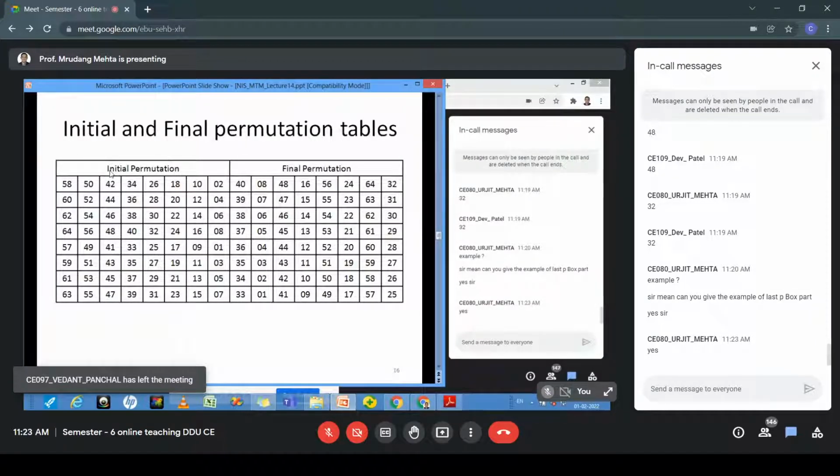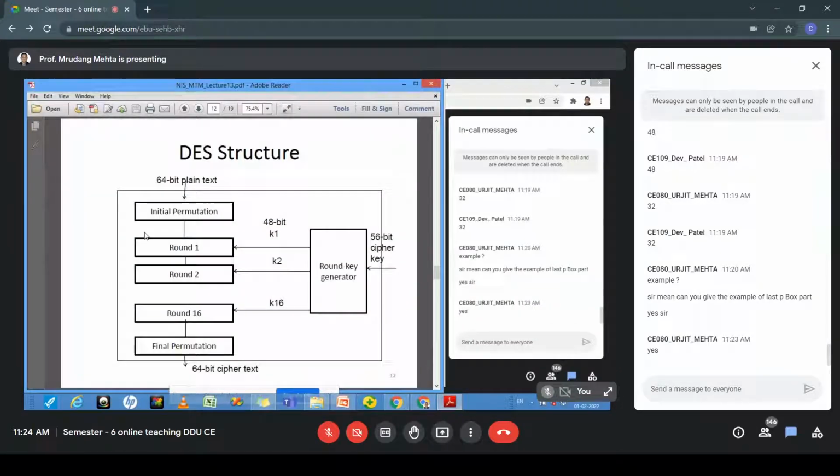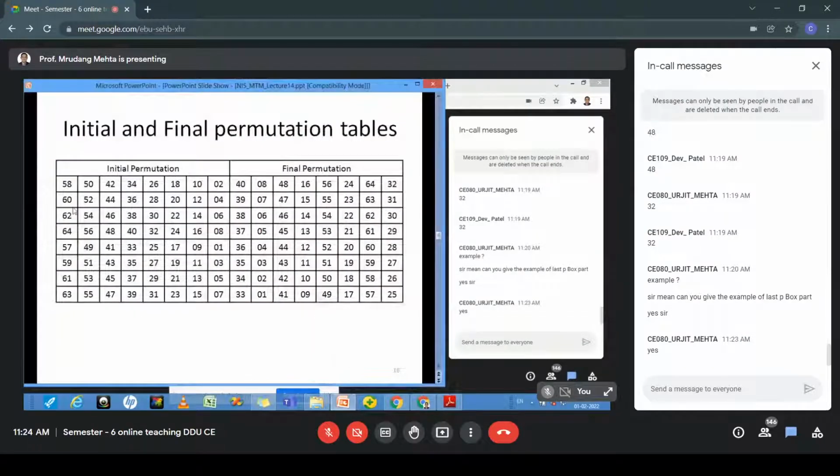And this is the initial permutation. Initial permutation means, before initial permutation, you can see what is there: you have the 64-bit plain text. So that block of 64 bits is permuted with this block, the initial permutation.